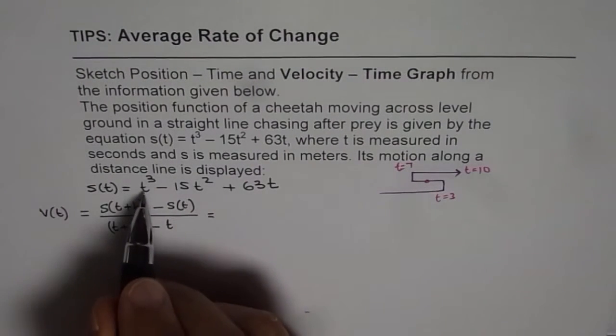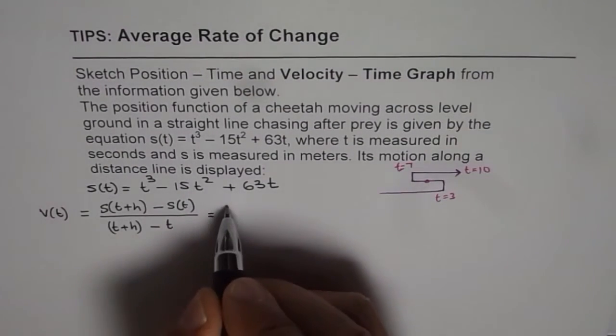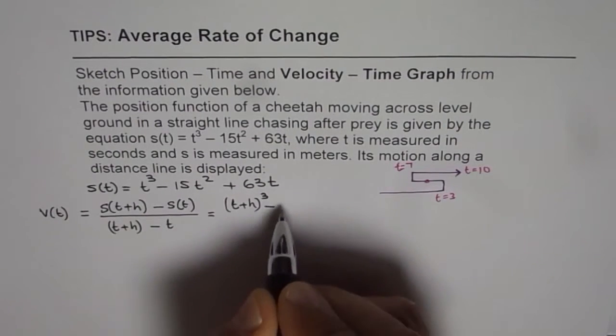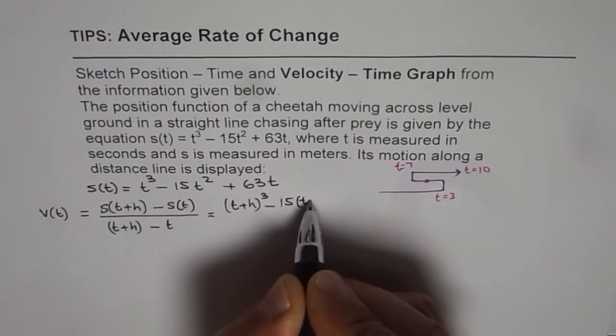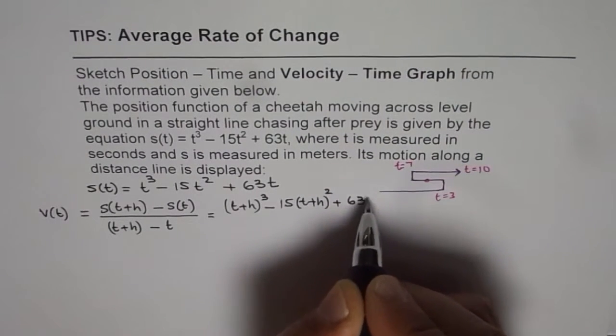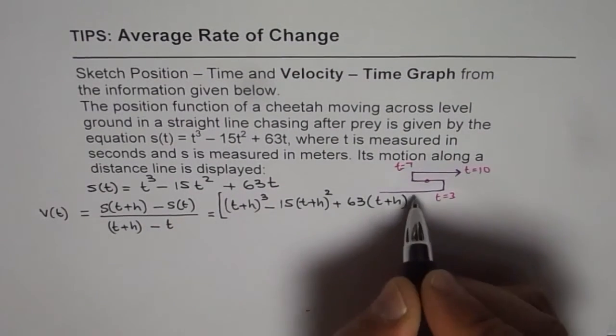It really means that t is replaced by t plus h, right? So what we get here is t plus h whole cubed minus 15 times t plus h whole squared plus 63 times t plus h. So that is the first part, right?